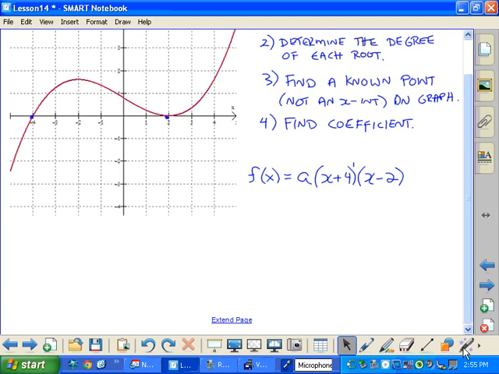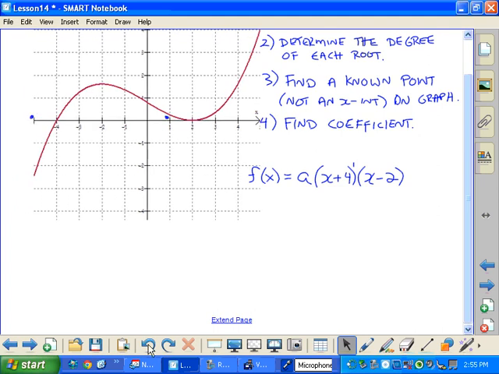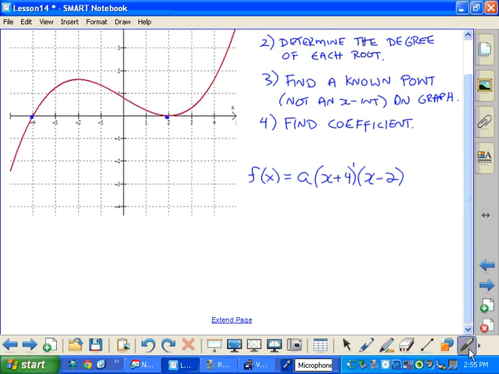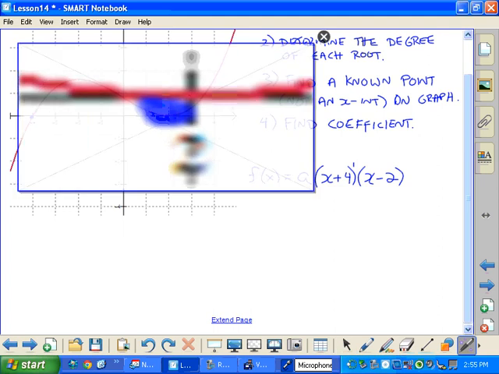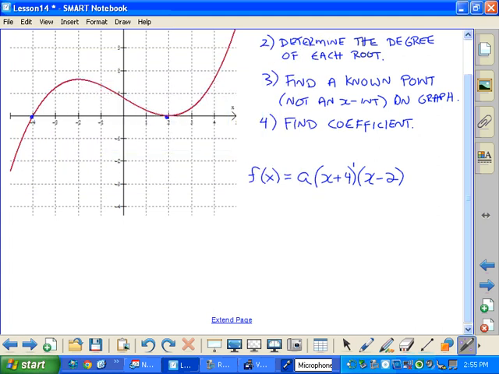At the +2 root, if we zoom in, it looks like a parabola or curve, so that means the degree is 2. So this is what our function is going to look like with the degrees added in. So that's step number 2.